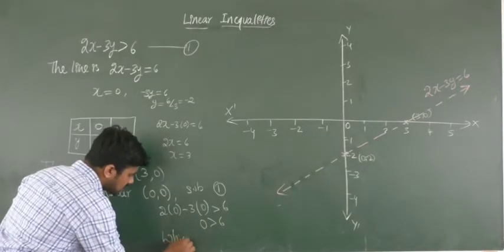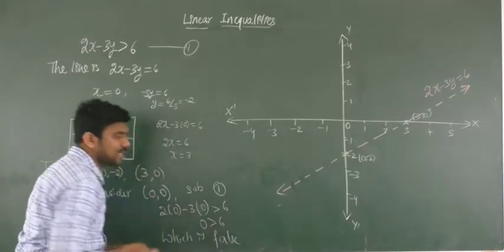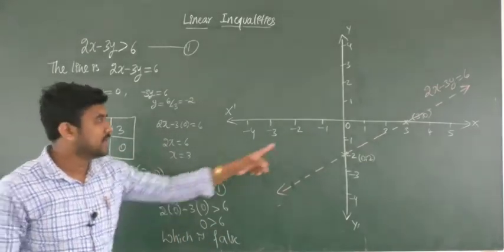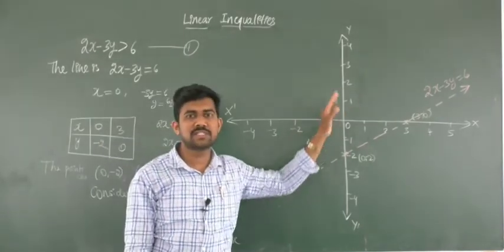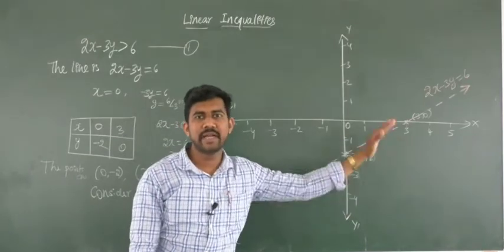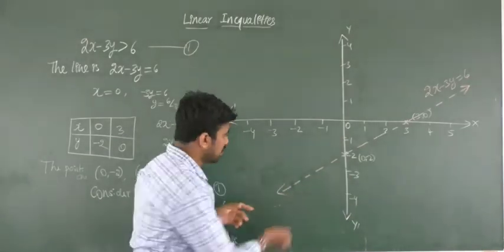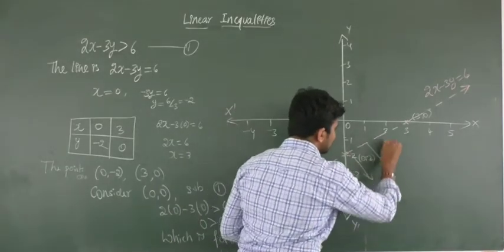So the origin does not satisfy the given inequation, which means the origin is not a solution of this inequation, and the solution region will be in the opposite direction. That means we get the solution region in the lower half plane. This is the solution region.